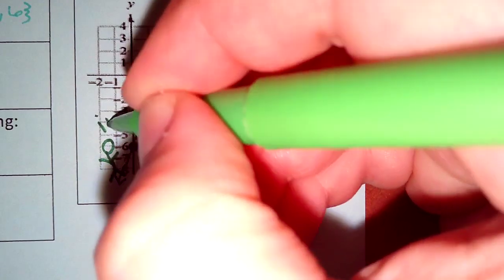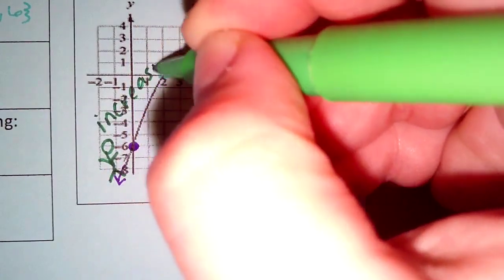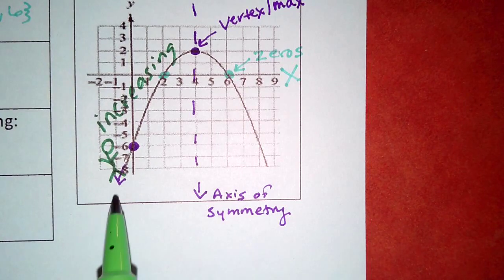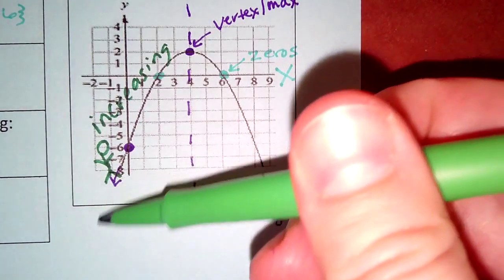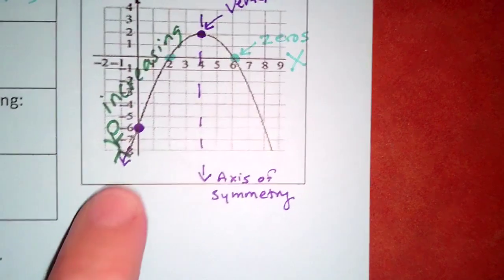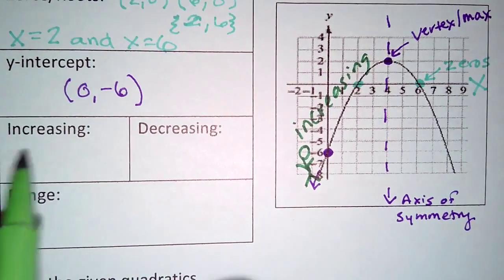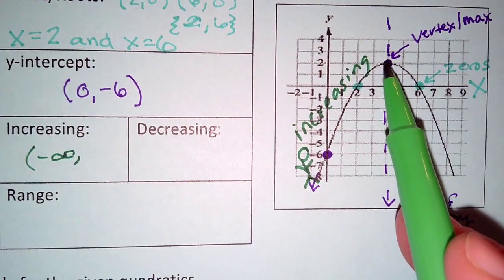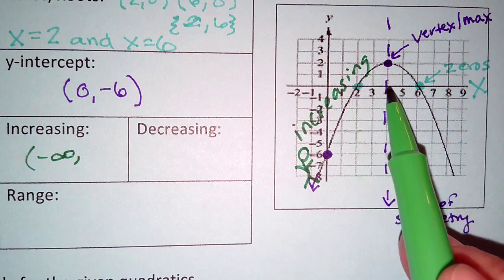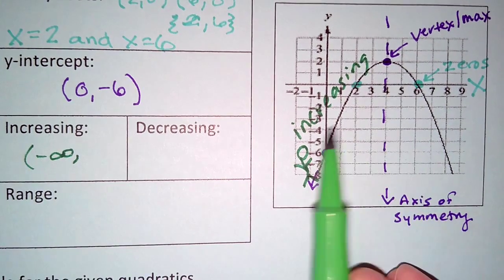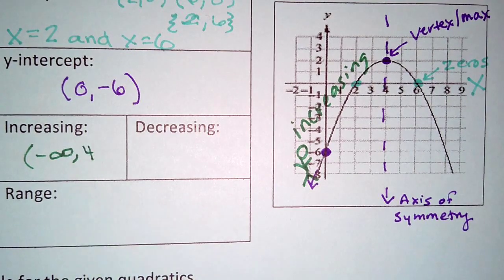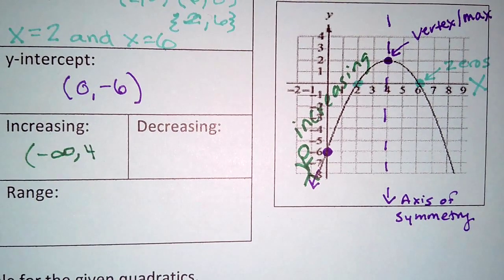So they're increasing until they hit the top. All the way from negative infinity, because this keeps going down, so I could have put that person anywhere. Until he hits the top. Well, what is that? That's a 4. So going left to right, I stop at 4, and he stops increasing at 4.